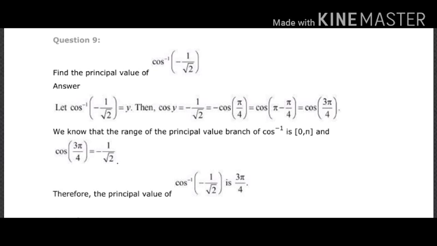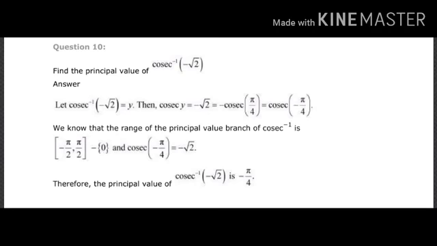We know the range of principal value branch of cos inverse is 0 to pi, and cos 3 pi by 4 is equal to minus 1 by root 2, so the answer is 3 pi by 4, as 3 pi by 4 lies in the interval 0 to pi. So this is the required value.